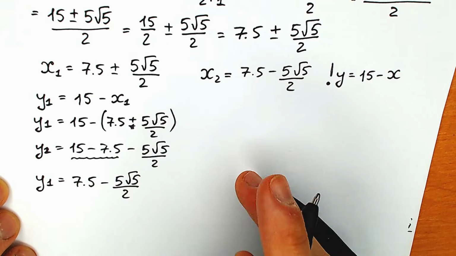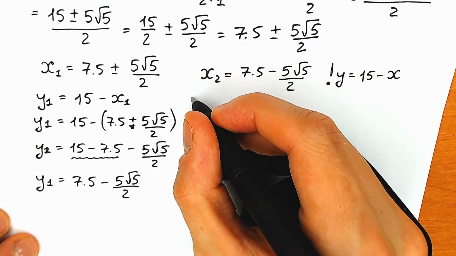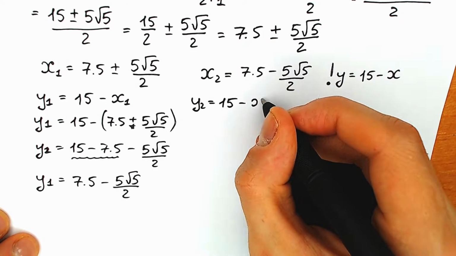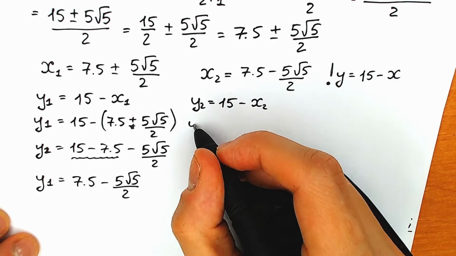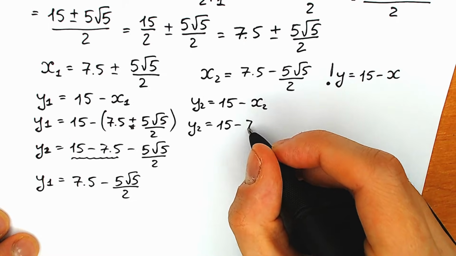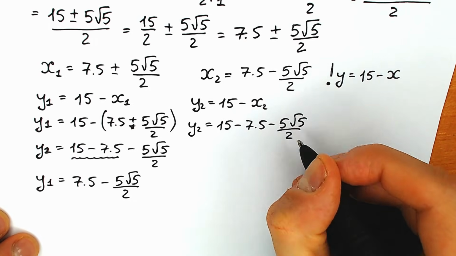Okay, and right now let's solve this for the other part. Let's solve it for y second. So y second equal to 15 minus x second. We know this x second, so y second equal to 15 minus, in parentheses, 7.5 minus 5 square root of 5 over 2.